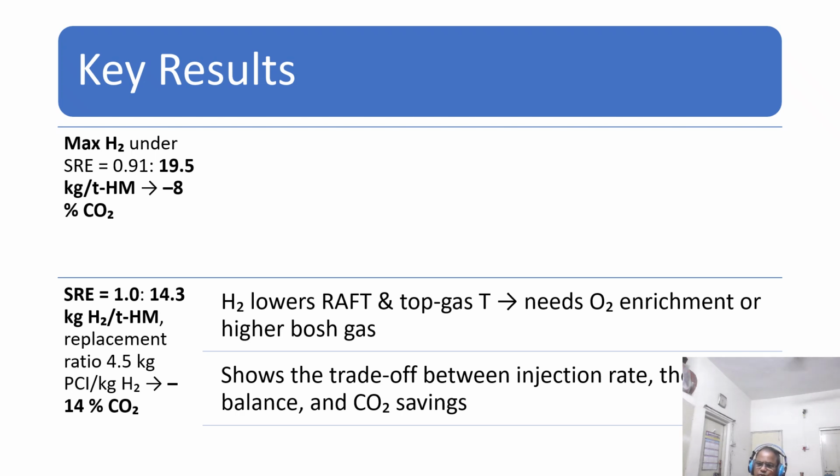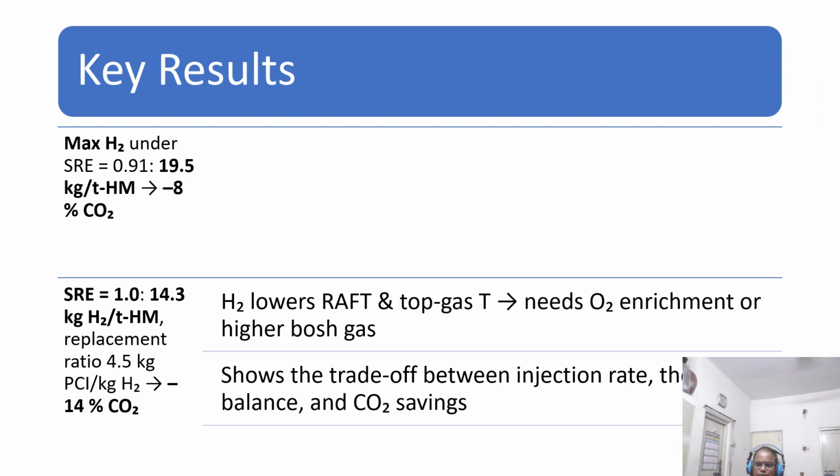Now it's time to discuss the key results. So we can say the main outcomes. Under a typical SRE of 0.91, hydrogen injection reaches 19.5 kg per ton hot metal, displacing 37 kg of PCI and reducing CO2 emission by 8%.